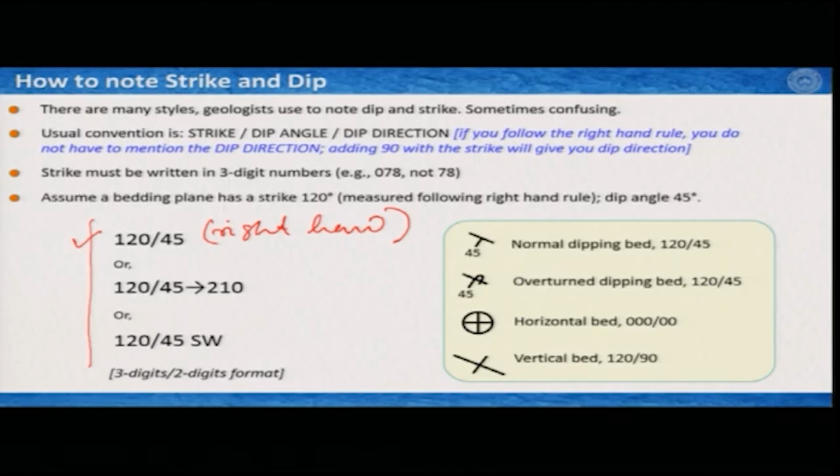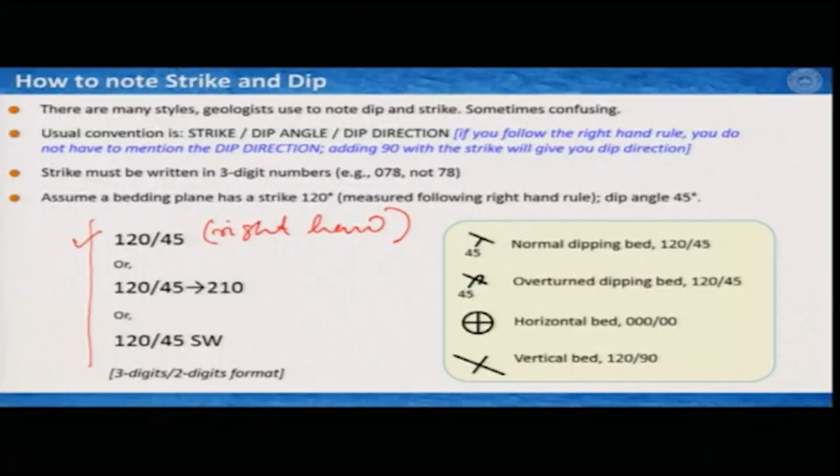But how to plot them in the map, or how to read them in the map? If you are looking at a structural geology map or a structural map, you will see many symbols. Now, you have to understand what is what. So, if you have a normal dipping bed with the same orientation, 120 degrees, 45 degrees, then the symbol is something like that.